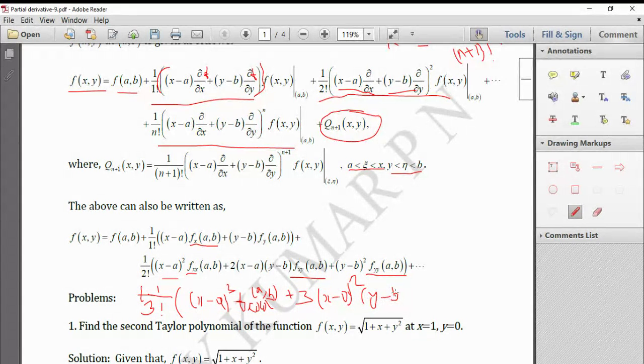I have expanded the (a plus b) whole cube formula, right?